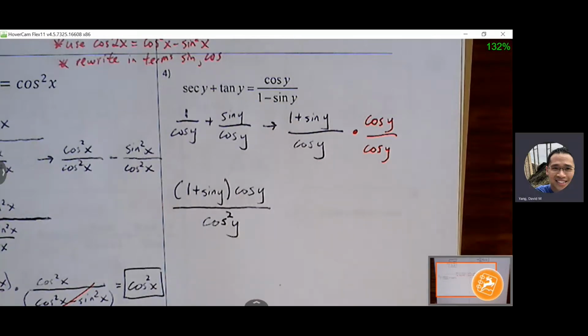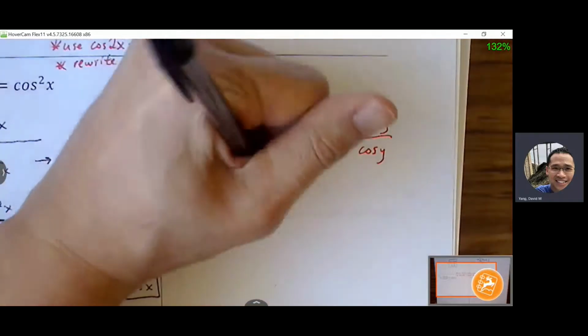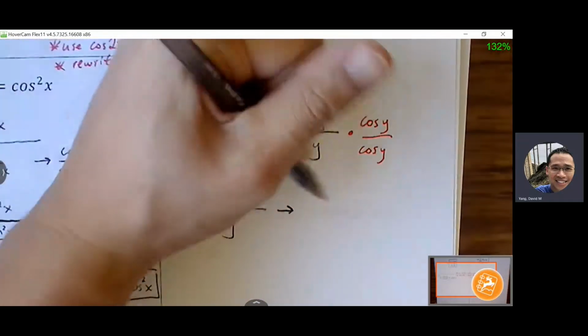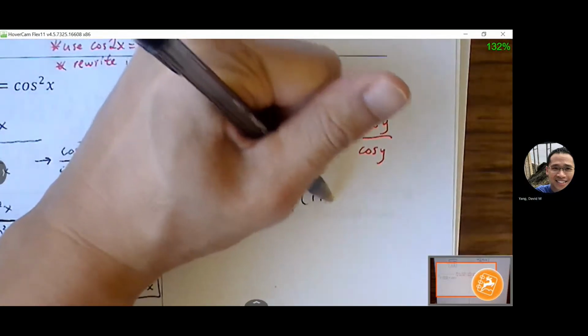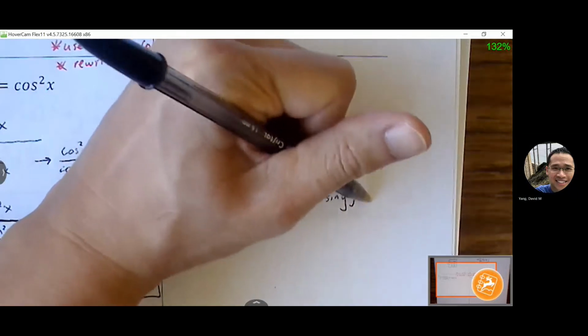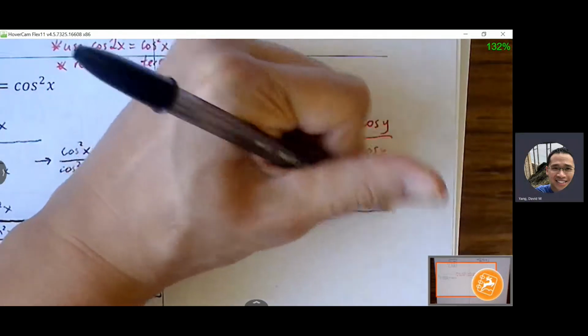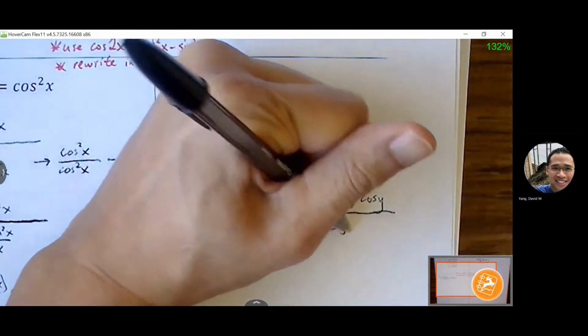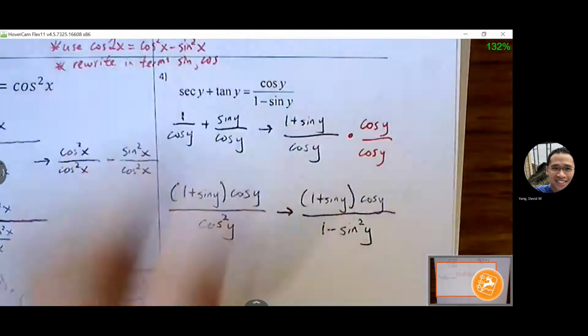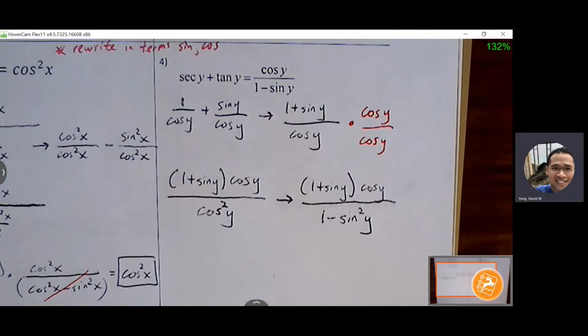Okay. What can we do with cosine squared now? And factor, right? Denominator, difference of squares. We can get that 1 plus sine y to match and pair up.